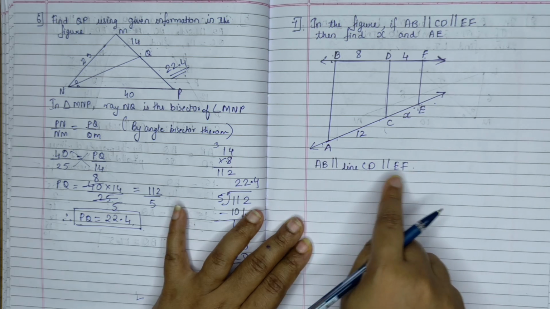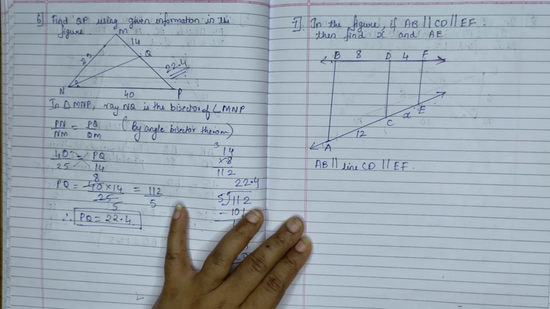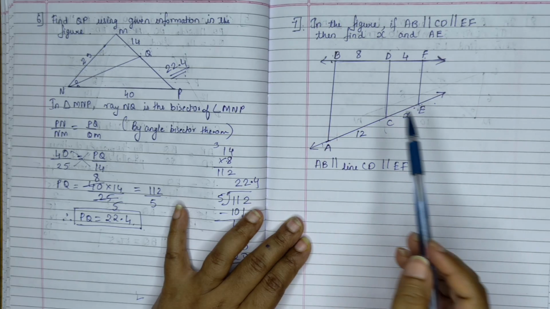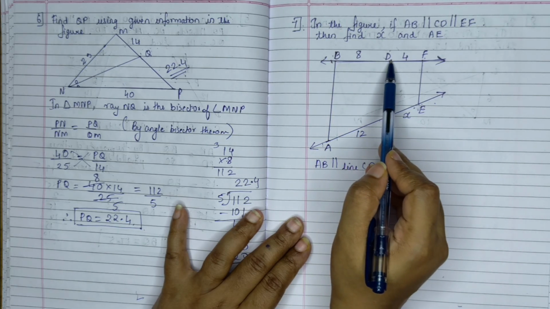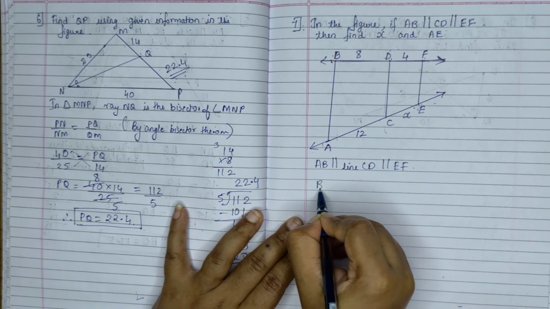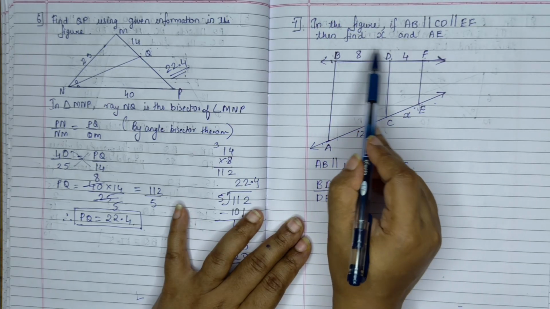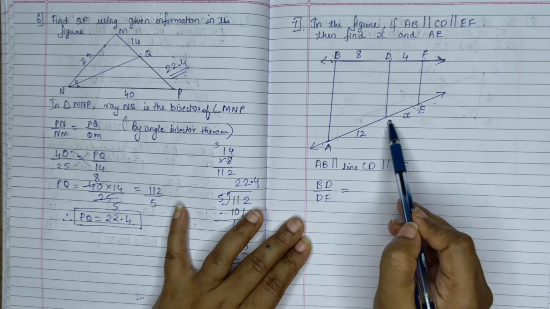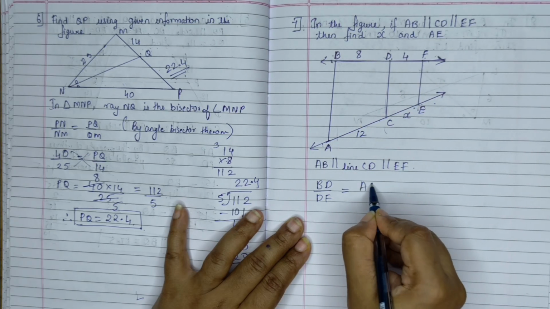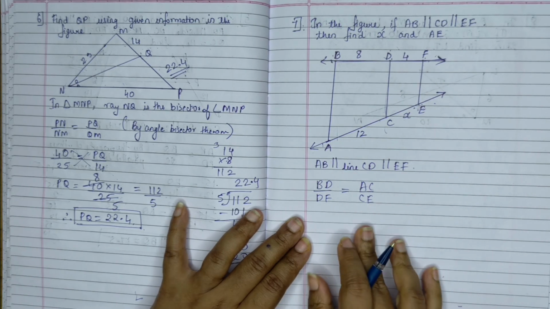Okay, since they are parallel, by the property of 3 parallel lines and its transversal, we can write BD upon DF is equal to AC upon CE. Understood this?